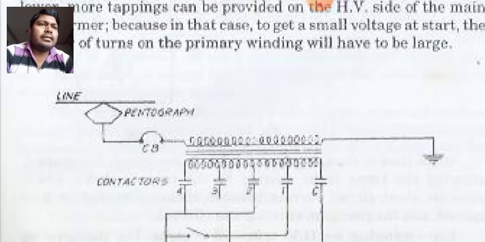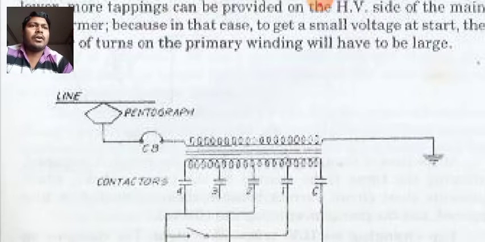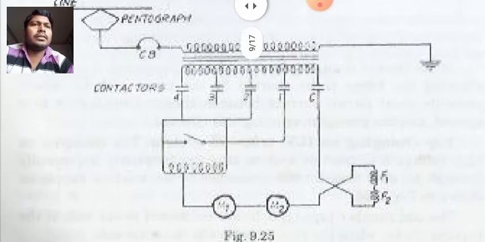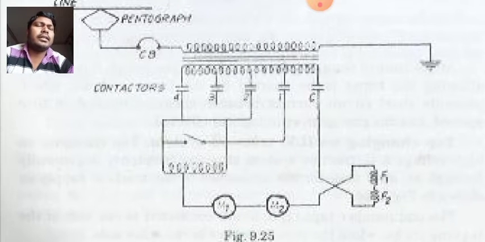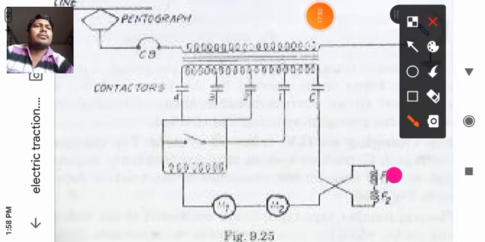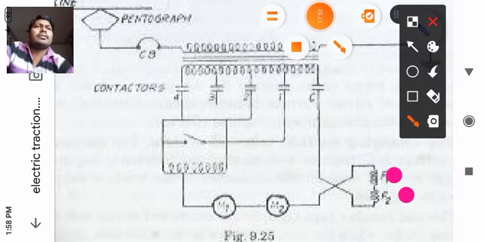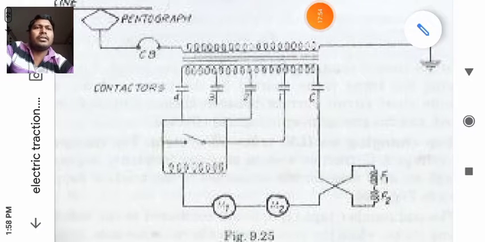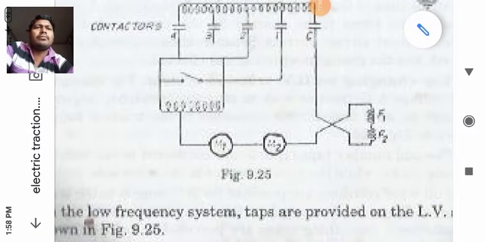There are contactors, that is 1, 2, 3, 4, and a common, with a switch which gets momentarily short circuited, and there are field windings which can be reversed, right, as per your requirement. And there are two motors, M1 and M2.